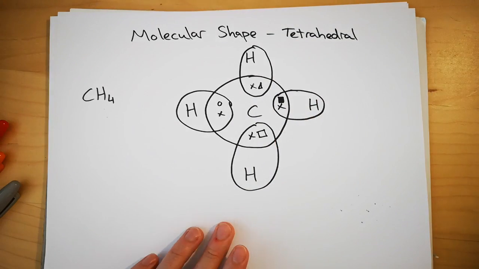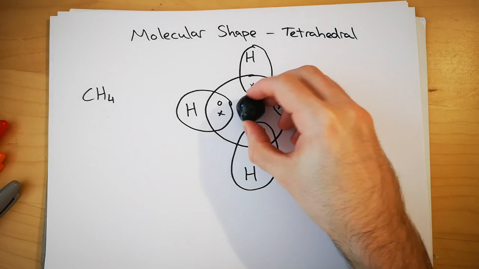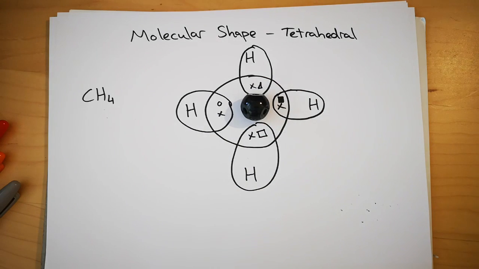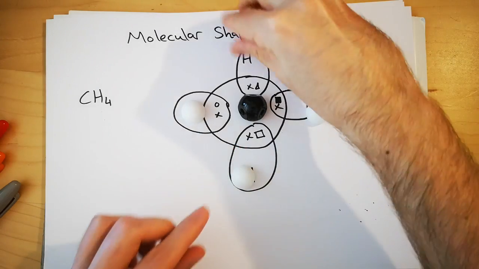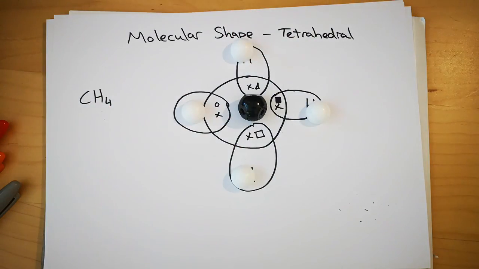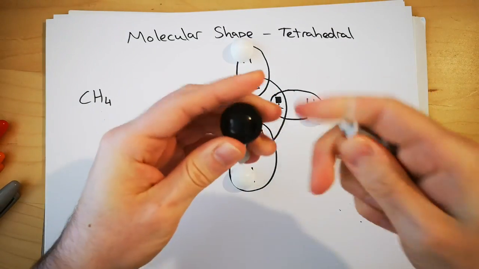Now, once again, we have a 3-dimensional structure on a 2-dimensional plane, and we can highlight this once again. So I will have my central carbon atom, and I'll have my 4 hydrogens round like that. Now, these are all single covalent bonds, which I can represent with my single covalent bond links. And I'll put them in the carbon first.